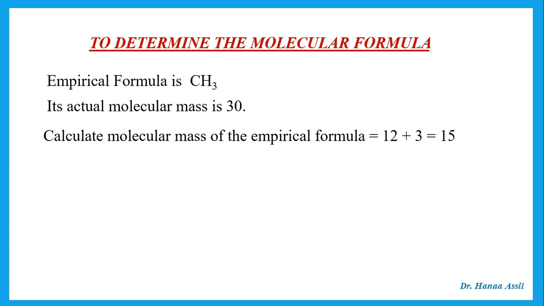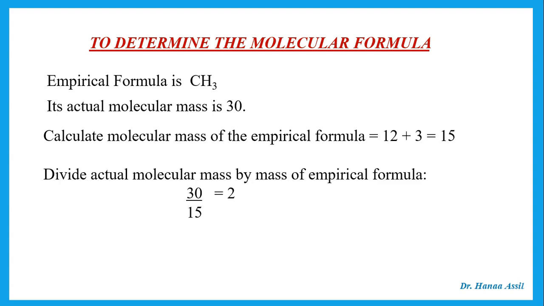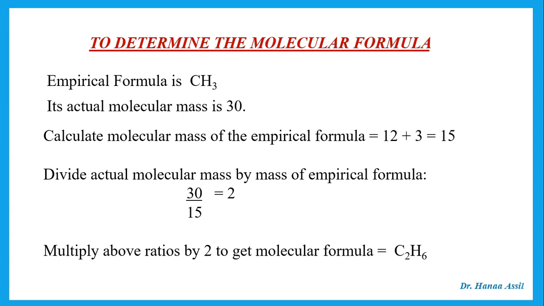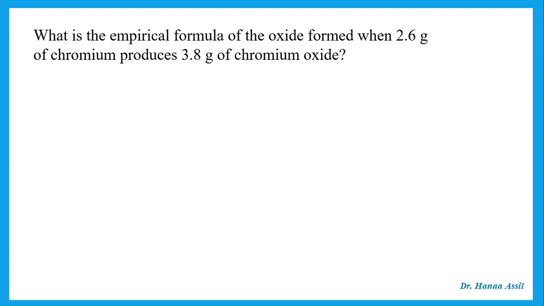But we are told that the actual molecular mass is 30. That means 30 has 2 of these, and that means that the actual molecular formula is the empirical formula times 2. So instead of CH3, it is actually C2H6.